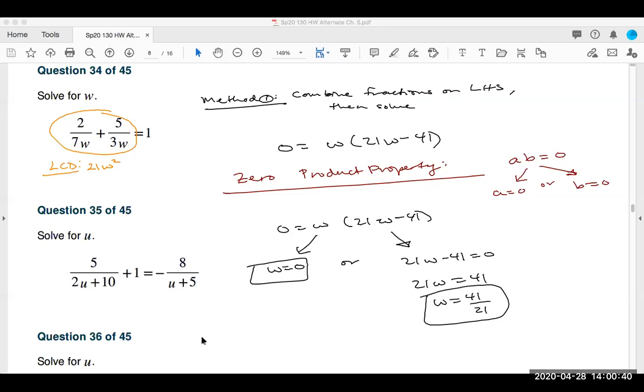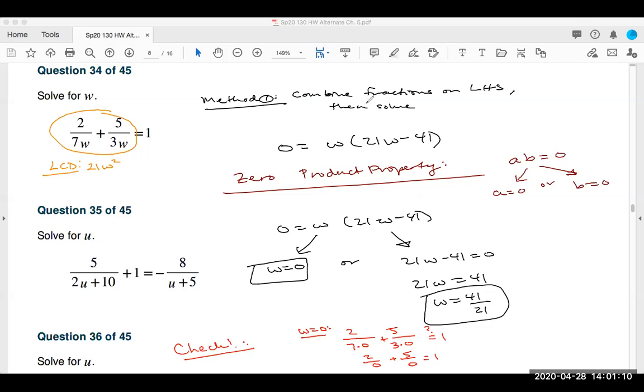Now you have to check. So note, if I check when W equals 0, I would get 2 divided by 0 plus 5 divided by 0 equals 1.